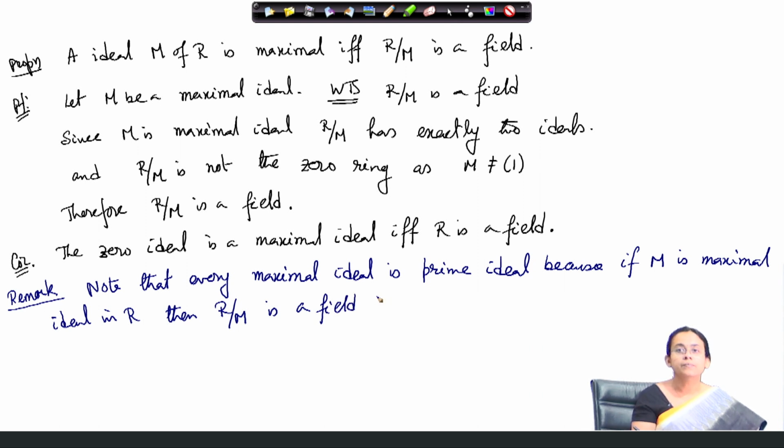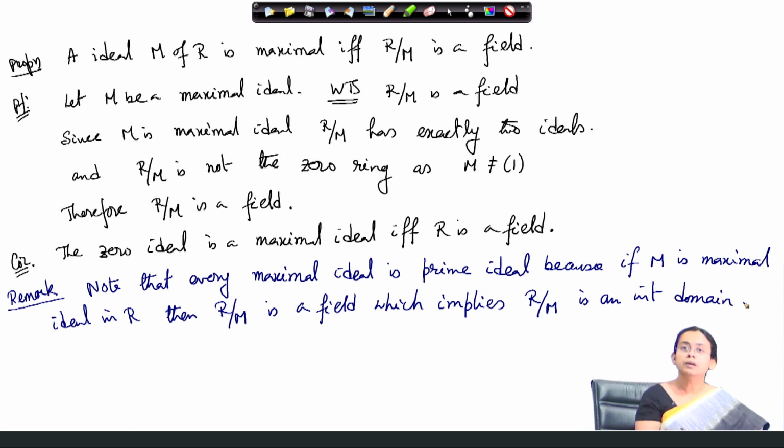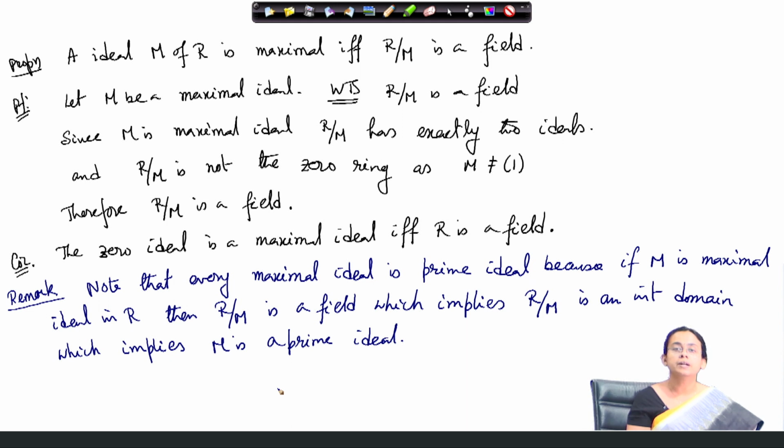If R quotient M is a field, then it is an integral domain, which implies that M is a prime ideal. Therefore, we have observed that every maximal ideal is a prime ideal.